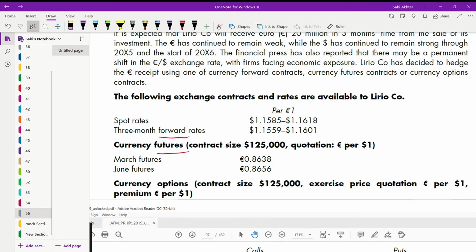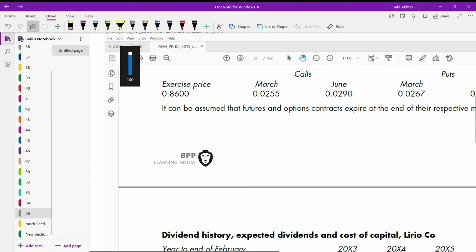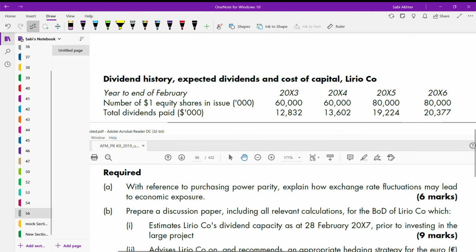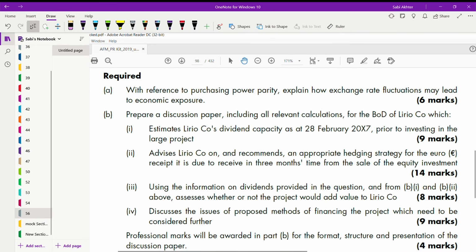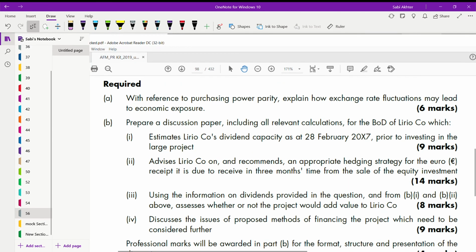We have been given future, we have been given option, that means we have to use all this, right? And dividend history, this comes in your part A, section A, which we are not going to cover in this part, right? So here the older thing is this one and this one is relevant. Here you have to choose an appropriate hedging strategy.